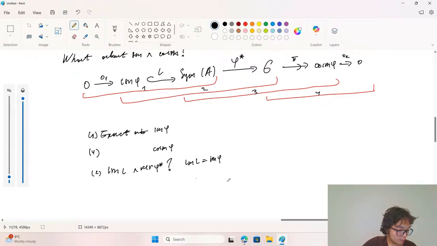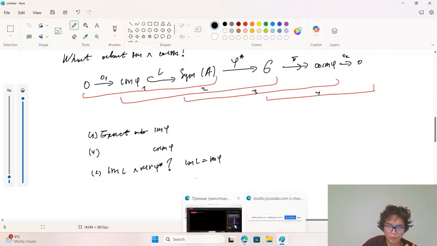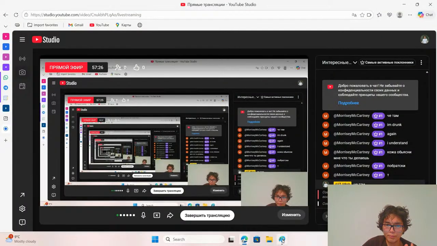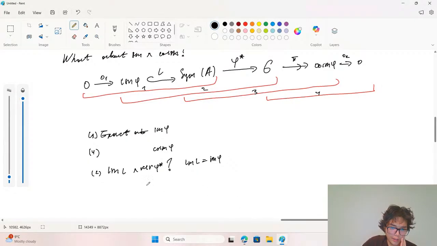And also I could prove, I will not provide the proof because it's too long. It will take too much time. I just found that the image of I is contained in the kernel of phi star.